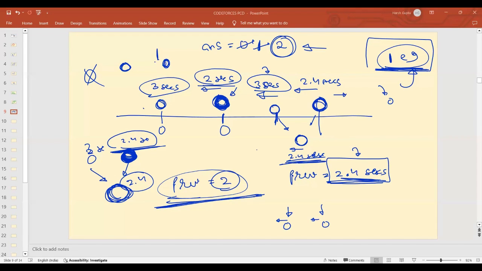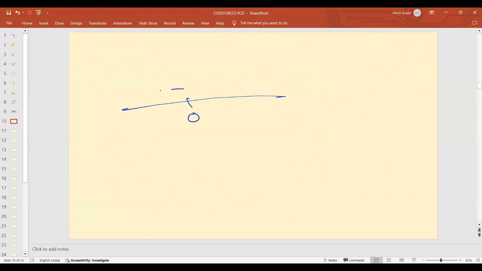What if both have the same time? Both can't have the same time actually, because it is mentioned in the question. Say this is taking 2.4 seconds and this is also taking 2.4 seconds. Now tell me, by your common sense, will they collide? In 2.4 seconds, this will reach the hole, and in 2.4 seconds, this will also reach the hole.